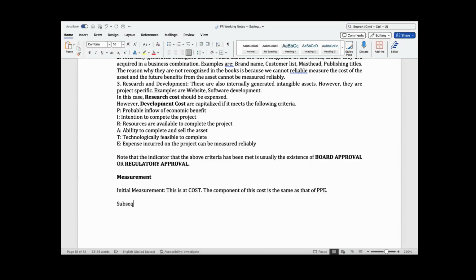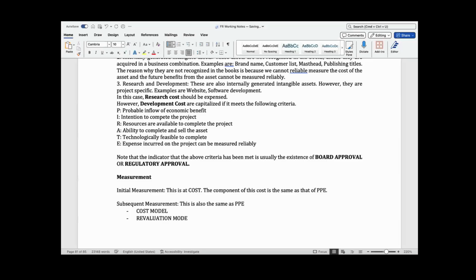Also, there are subsequent measurements. This is also the same as PPE. So who can remind me? How do we subsequently measure items? If I say it's the same as PPE, so what are they? Cost model and revaluation model. Thank you very much.